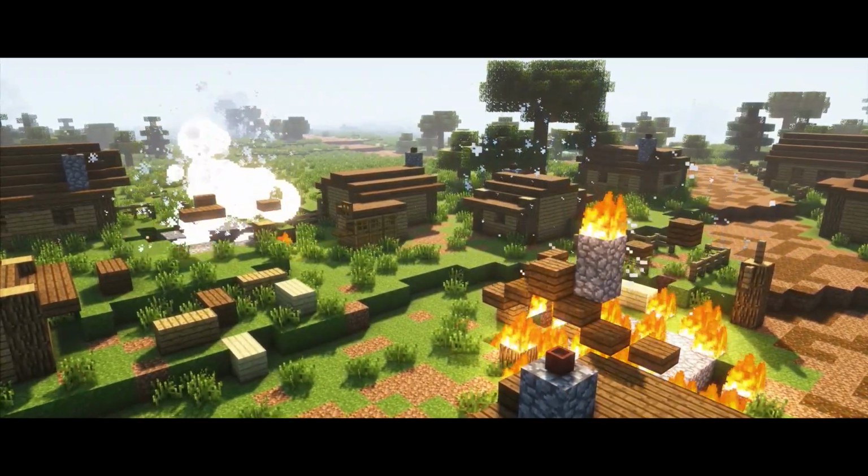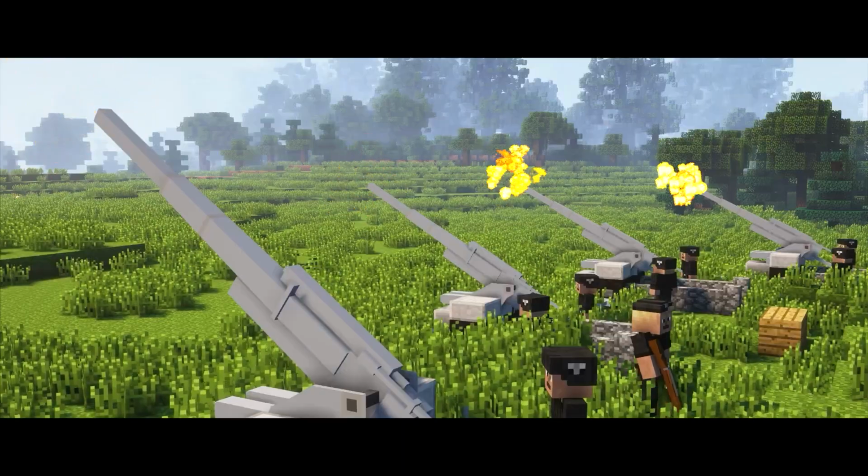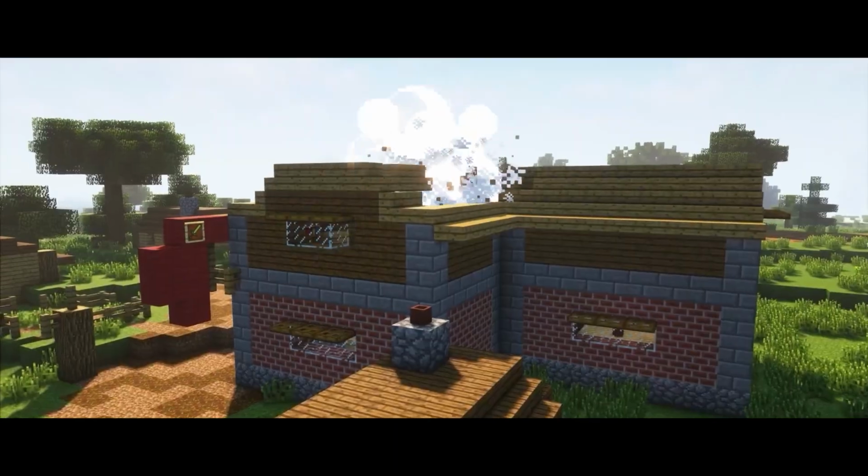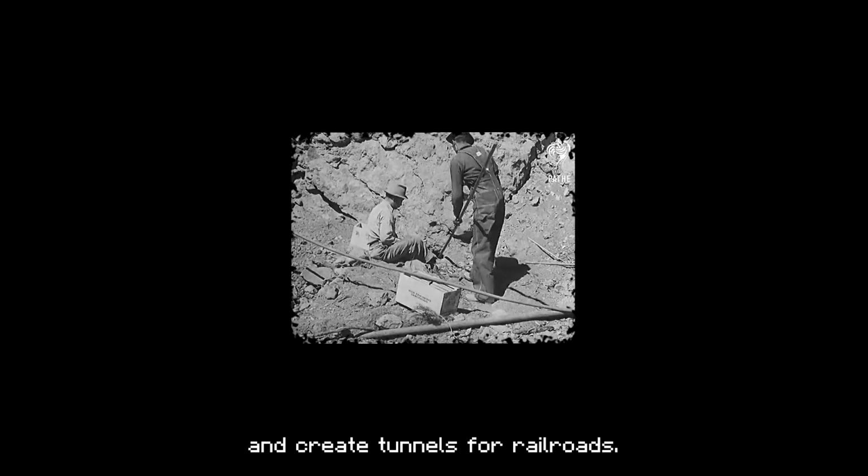But it wasn't just warfare that benefited from TNT. The compound's ability to provide controlled explosions also led to its widespread adoption in mining and construction. Engineers used it to blast through mountains and create tunnels for railroads. Slowly but surely, TNT has earned its place as one of the most famous explosives in history.